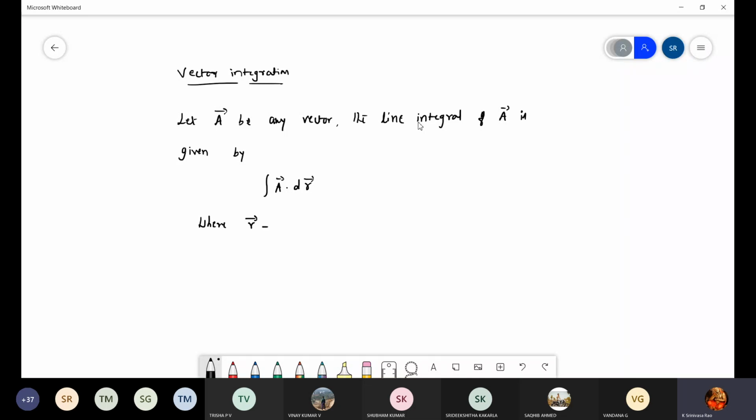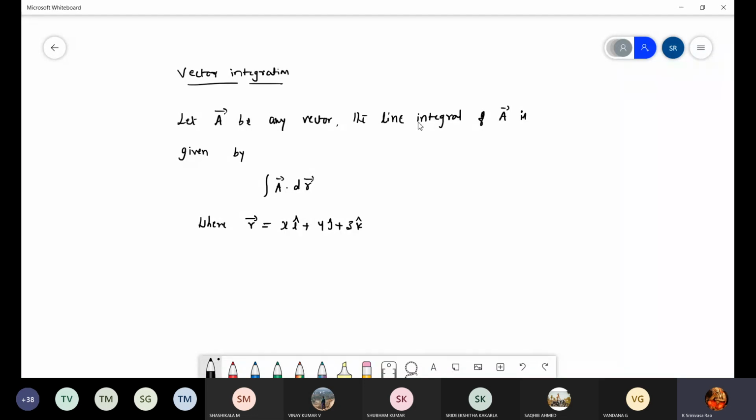What is r? xi cap plus yj cap plus zk cap. It is a position vector, xi cap plus yj cap plus zk cap.